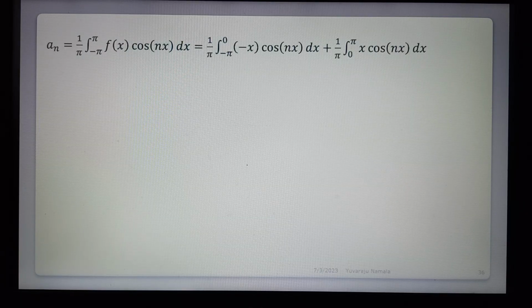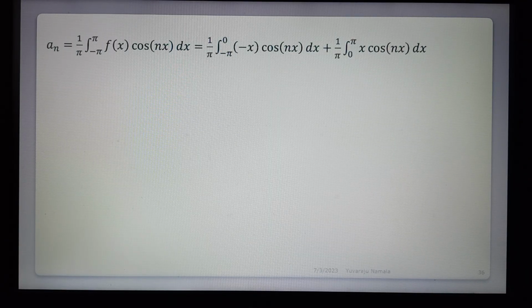So an = 1/5 ∫ from -5 to 5 of f(x) cos nx dx. The integration is again separated into two cases: 1/5 ∫ from -5 to 0 of (-x) cos nx dx plus 1/5 ∫ from 0 to 5 of x cos nx dx.